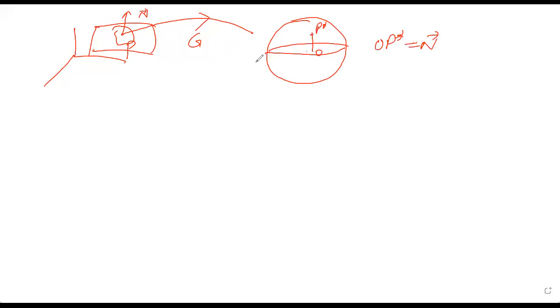And what is Gaussian curvature? Gaussian curvature K was the limit, if this region is, suppose, omega.